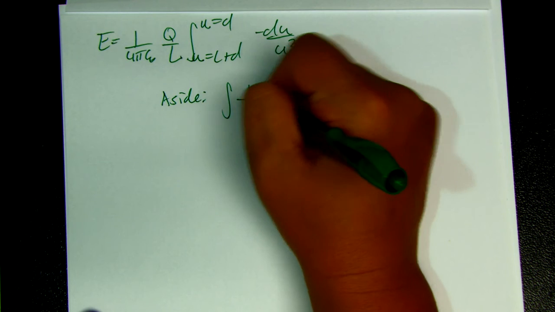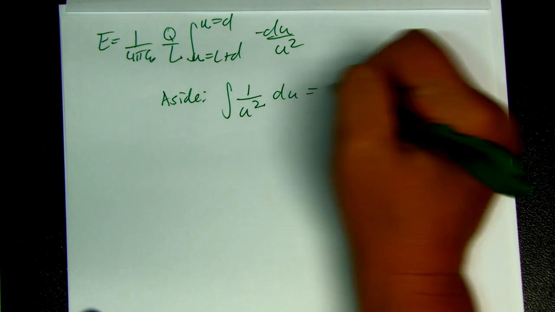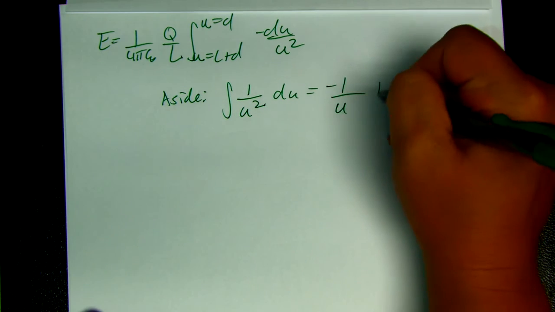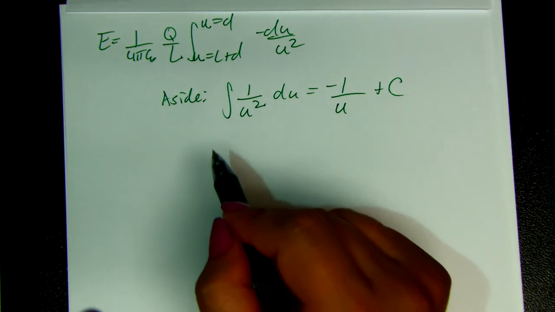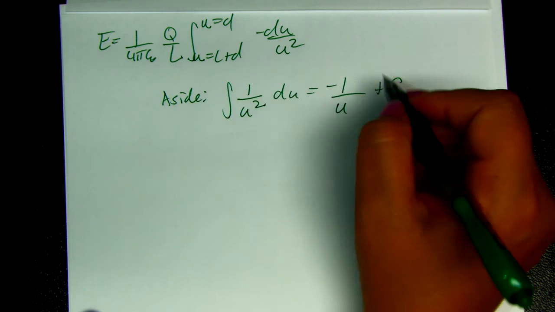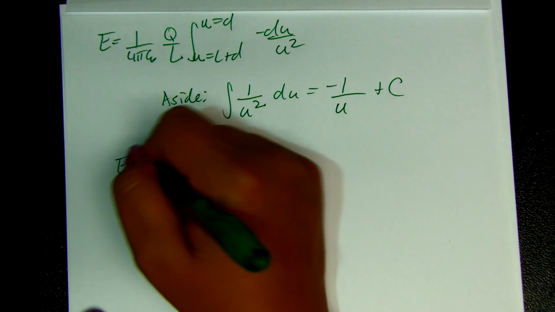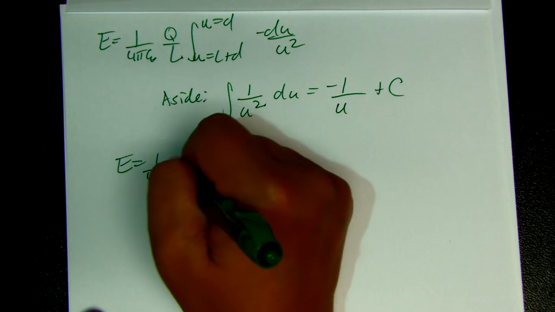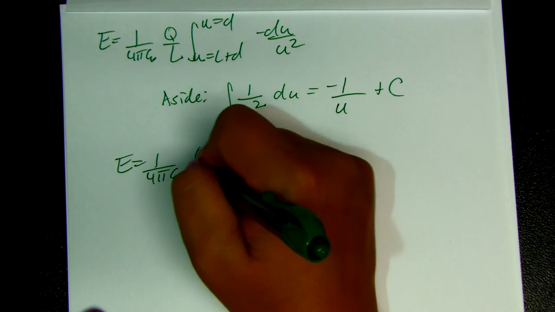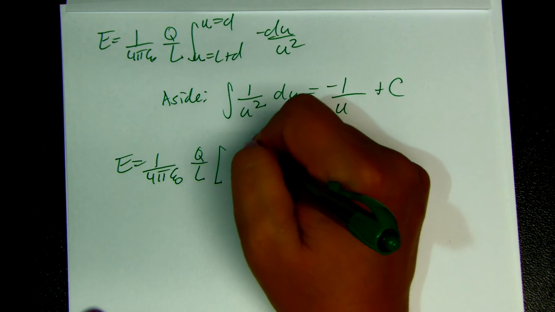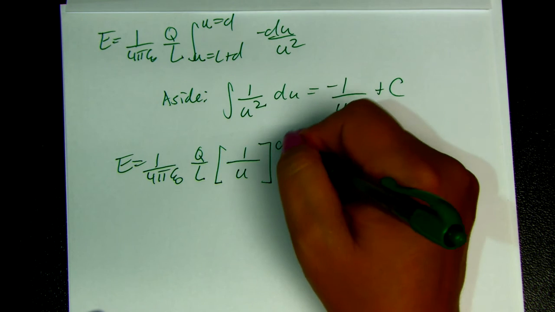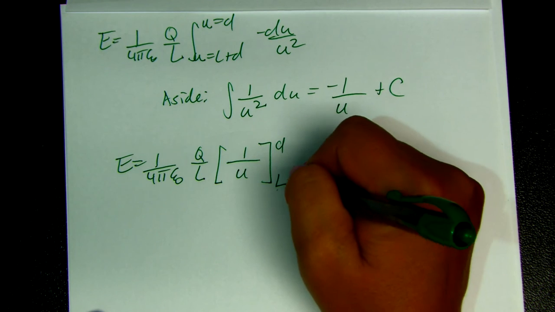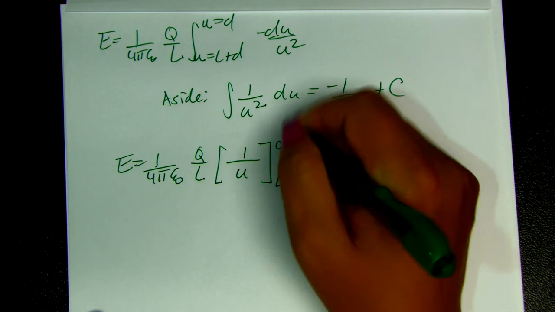We know that the integral of 1 over u squared du is equal to minus 1 over u plus c, in the case of an integral without bounds. So now let's plug in what we know: 1 over 4 pi epsilon naught, q over L, 1 over u integrated from L plus D to D.